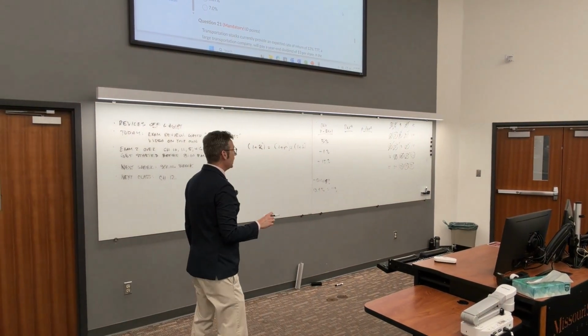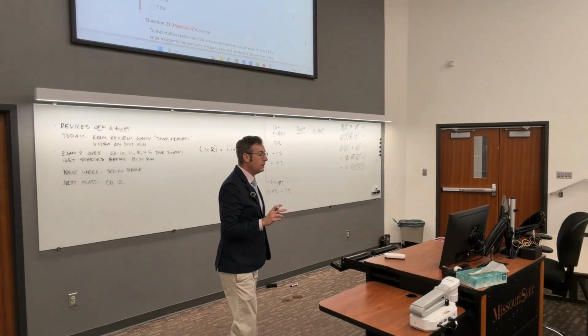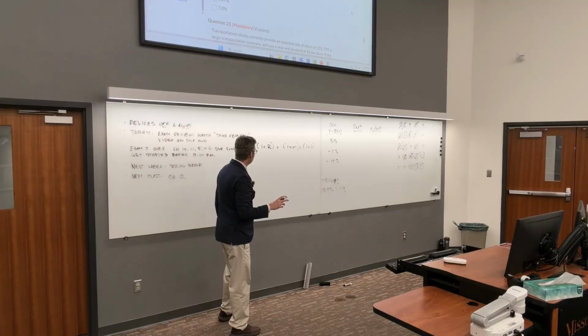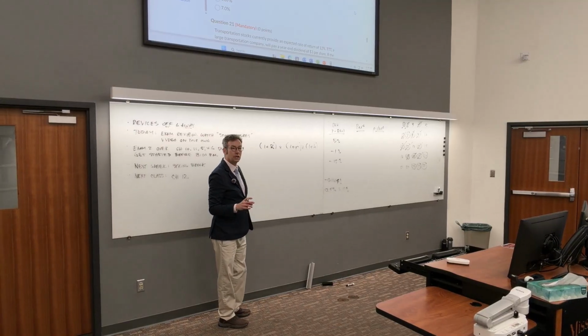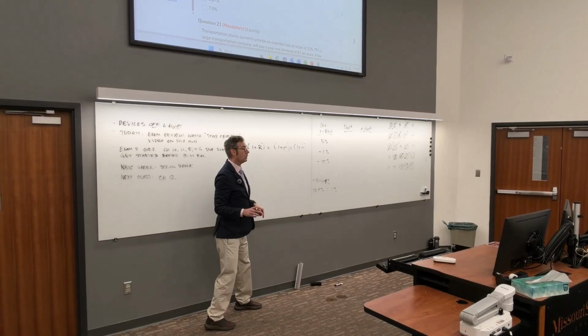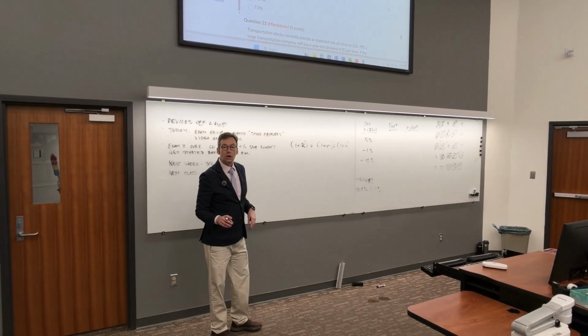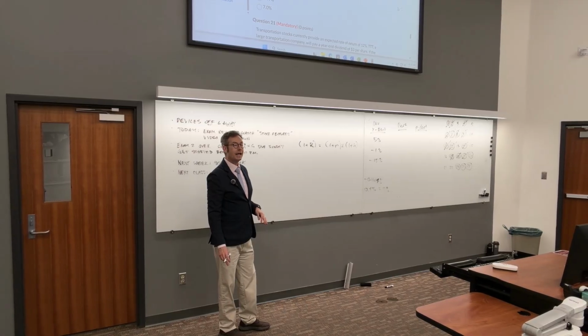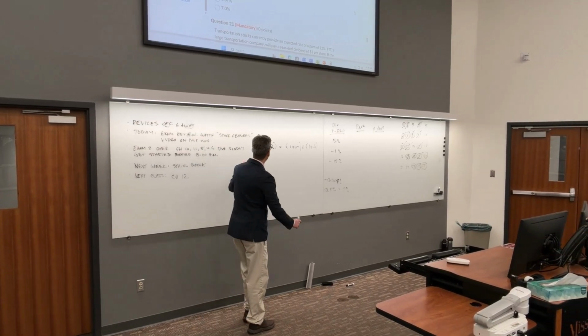Inflation, right? Okay, now it's asking what is the real rate of interest. Which letter up here represents the real rate of interest? It's the little r, right? How do I get little r by itself? Yeah, I divide both sides by 1 plus h.